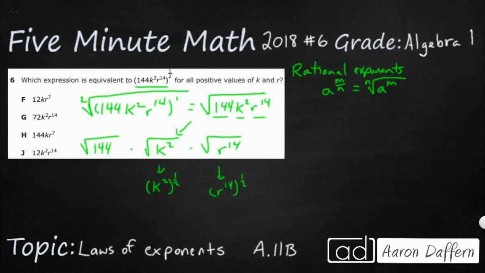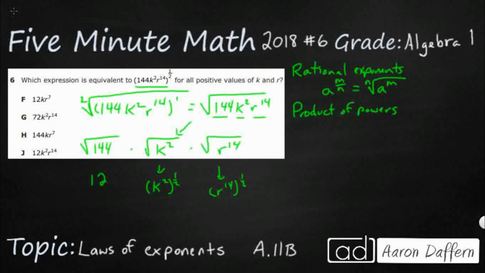We know the square root of 144 is 12. Because if we keep it in this form with the fractional exponent, then we could use this product of powers. This is also going to be helpful if we have the same base.